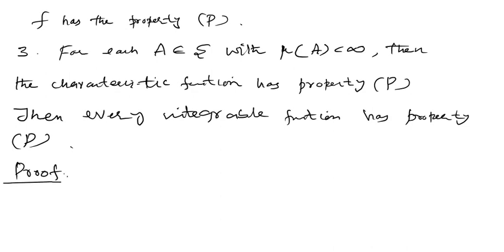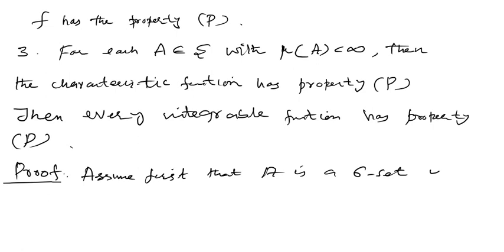Assume first that A is a sigma set with its measure finite. Now it's not a member of the semi-ring, so here I should write mu star, the outer measure, finite.